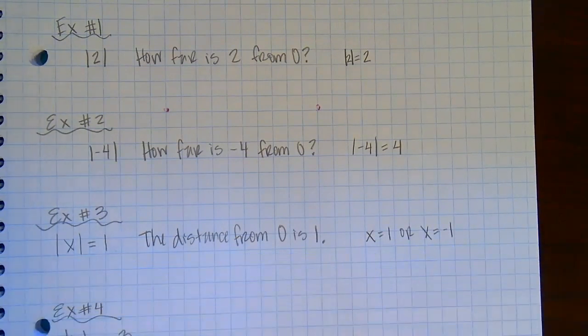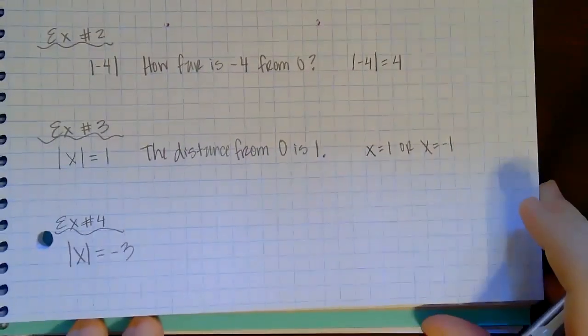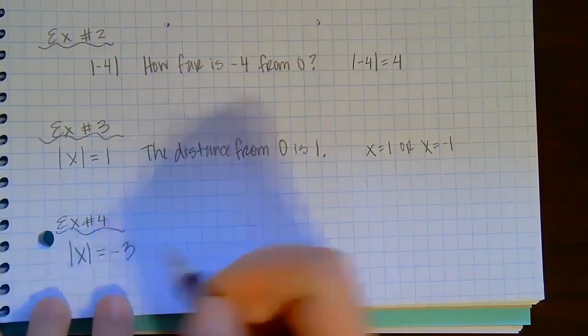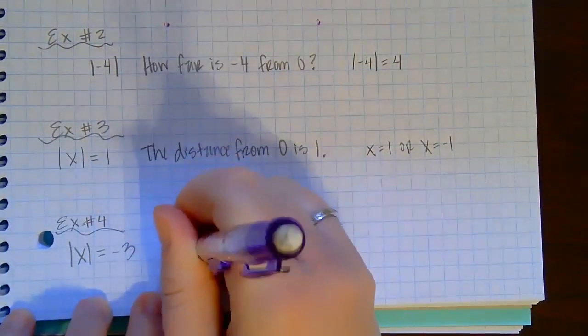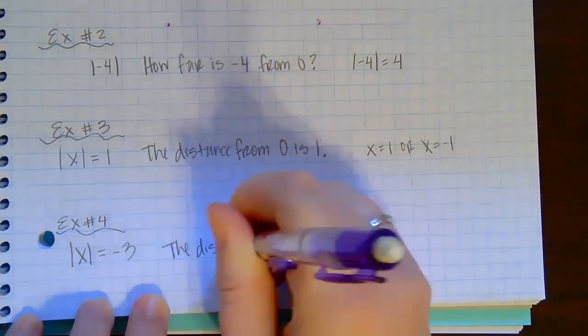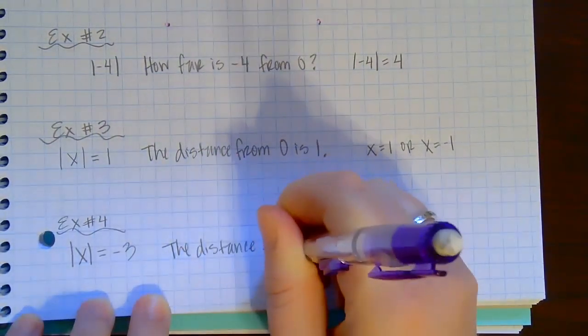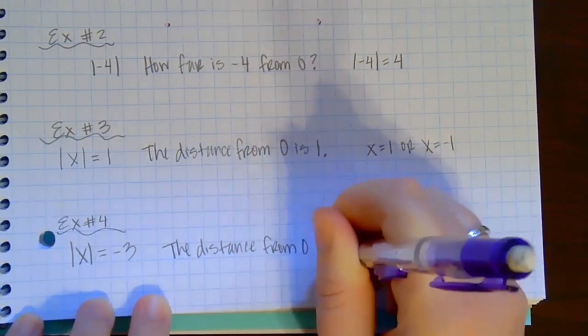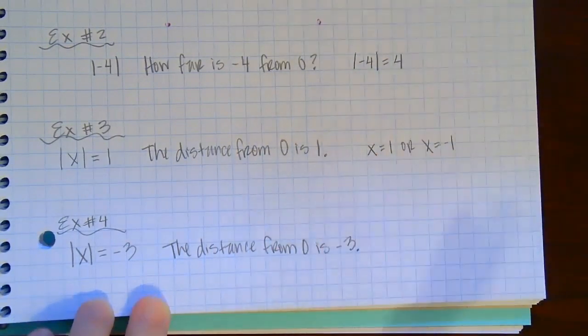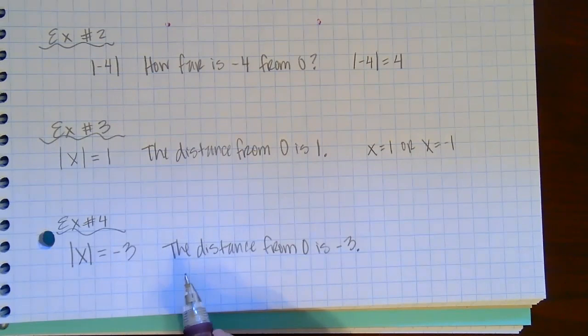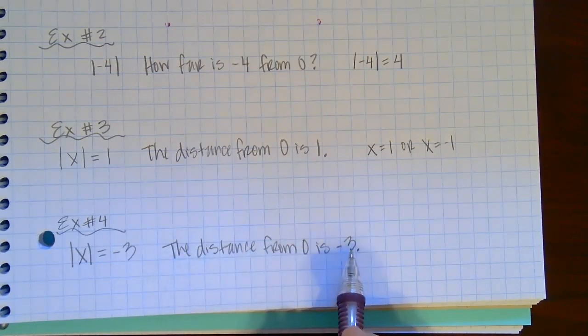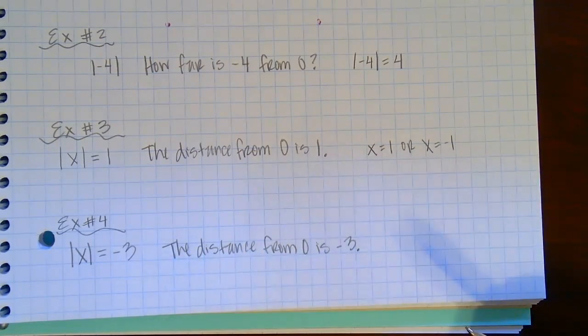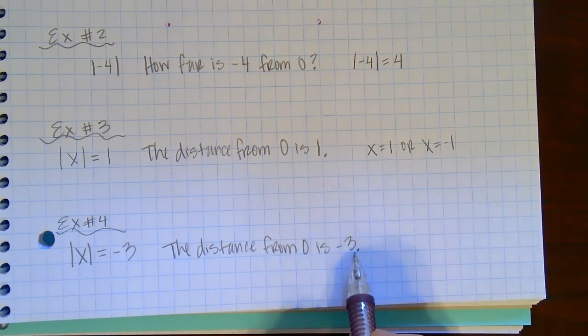Last example here, this says absolute value of x equals -3. So this means the distance from 0 is -3. Now, when you write it out like that and you think about it, the distance is -3. How can distance be negative? Some of you might say, oh, that means go backwards.